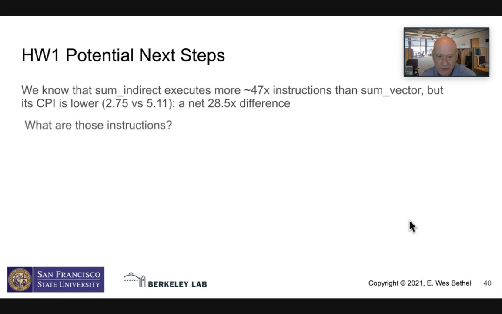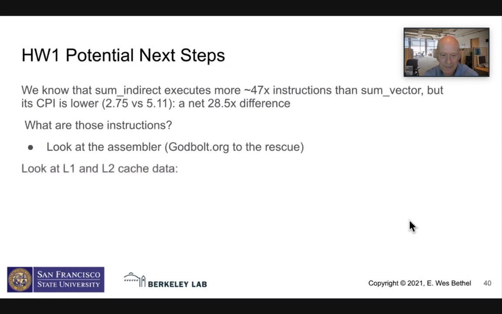So what are those instructions? Well, we'd have to look at the assembler, hop over to Godbolt, and drop the assembler in and see what happens. But as I said, I think it's the difference between doing large byte transfers using DMA versus one load at a time.